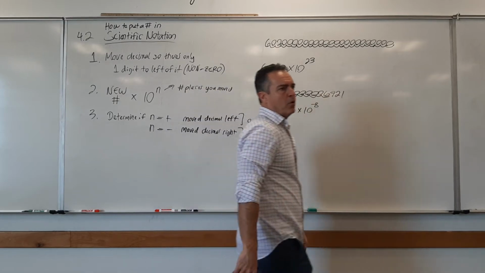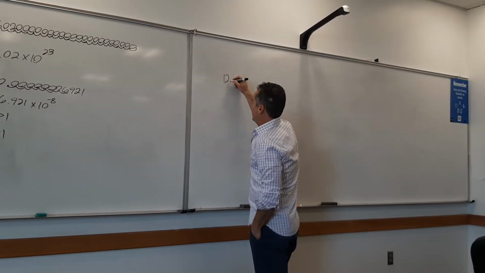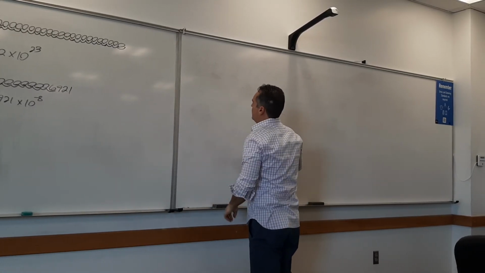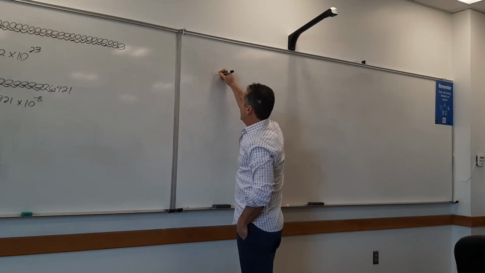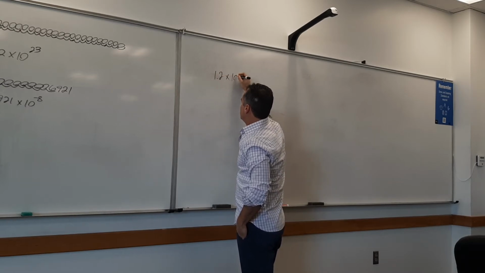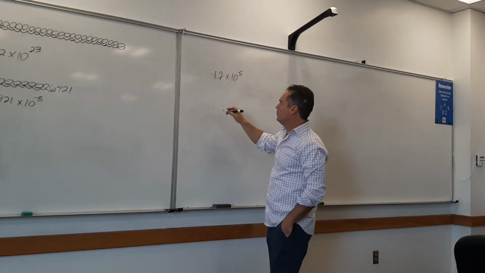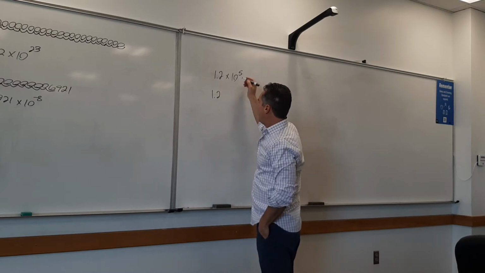Let's come to the far right board here. If we have a number like 1.2 times 10 to the 5th, and I tell you to take it out of scientific notation, we're going to take 1.2 and move it 5 places.